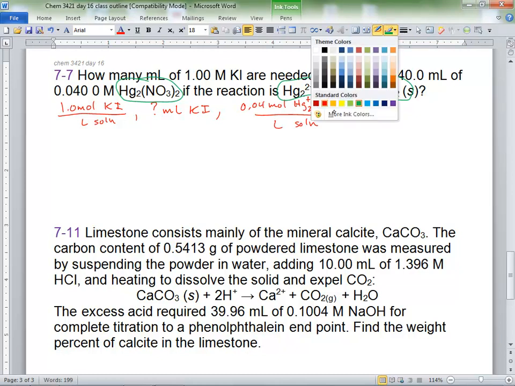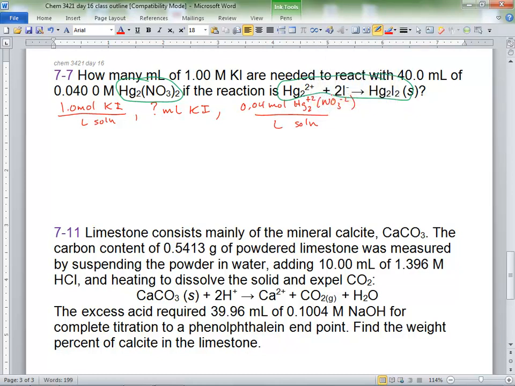You can fudge it, because M1V1 equals M2V2 is a dilution equation. But if you know what you're doing and keep track of it, oh, I'm off by a factor of 2, either I have to multiply or divide. To me, that's called fudging it, and that works. Just write down why you did what you did. I wouldn't argue with it.